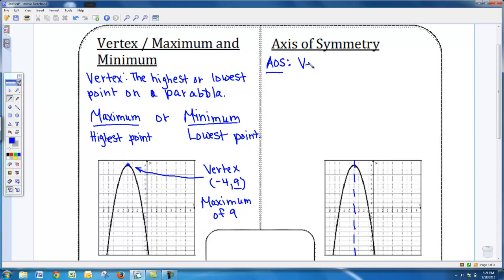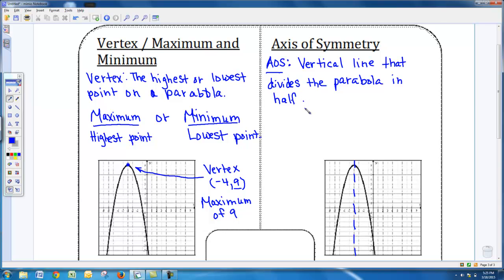Okay, so this is a vertical line that divides the parabola in half.